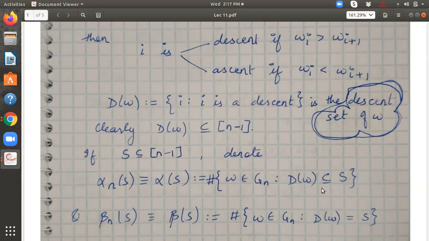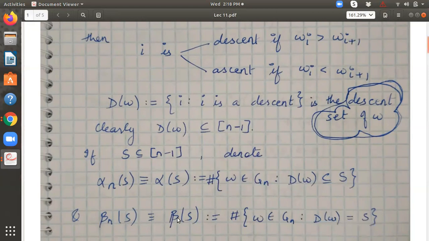So now if you want to express alpha S in terms of beta S, what Ridhiman is saying is that instead of looking at this set, why don't you rewrite this set as the number of W in Gn such that dW, so collect all the subsets of S. Let's say S1, S2, up to SR, there are many subsets of S, basically 2 raised to mod S. And then for each of these sets, you collect this particular number: dW equals S1, dW equals S2, dW equals S3, and so on.